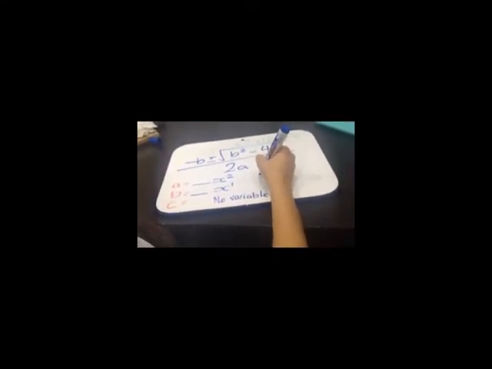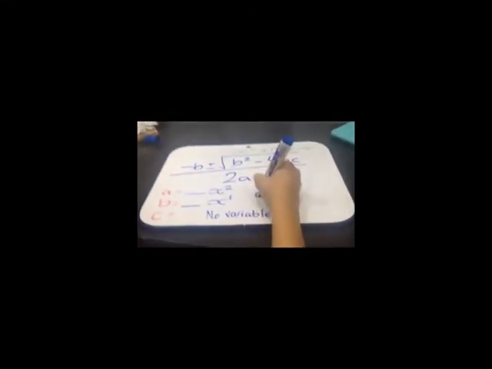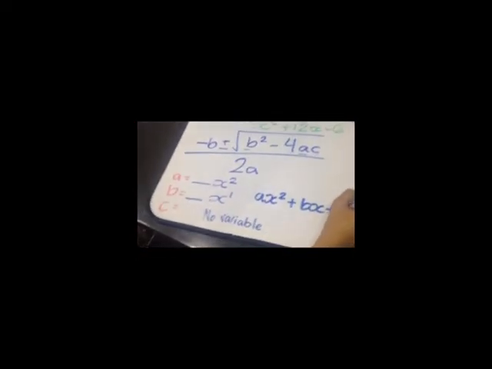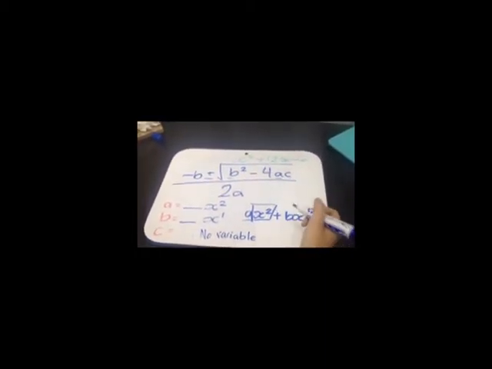Now, in an equation, it will be something like this: ax squared plus bx plus or minus, depending on the equation, c. Here you can see that a is with x squared, so it's a variable squared.